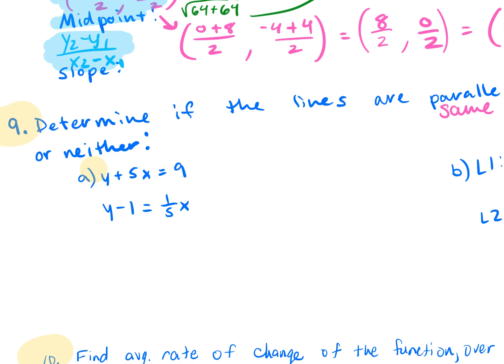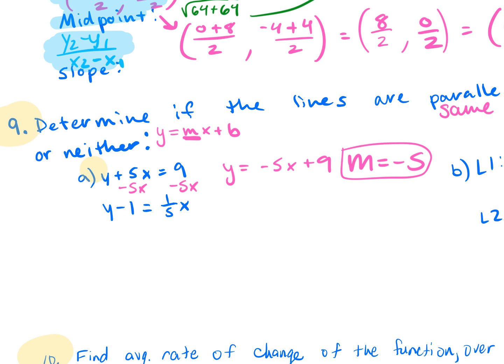What would I need to do? Isolate y. Awesome. We want to isolate y. We want to put it into y equals mx plus b form. So that way I can clearly identify what my slope is. So I'm going to subtract the 5x to move it to the other side. So we get y is equal to negative 5x plus 9. So what's our slope here? Negative 5.